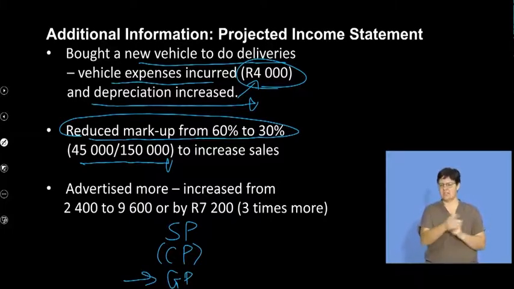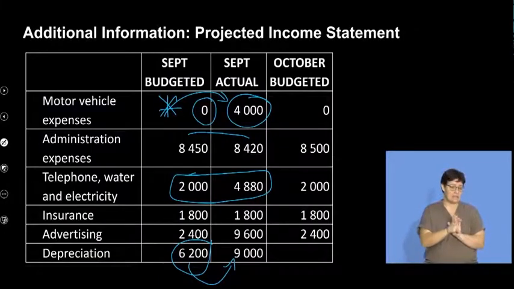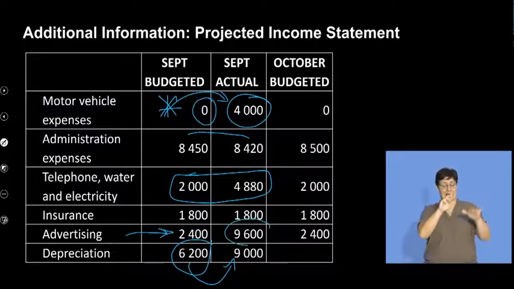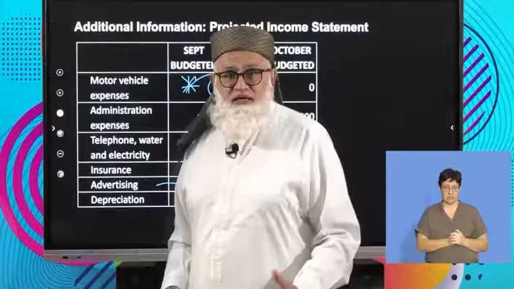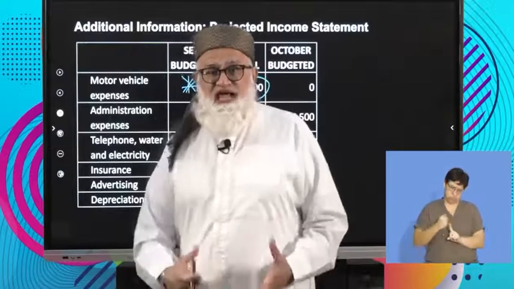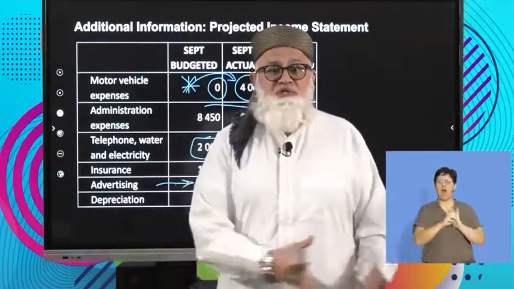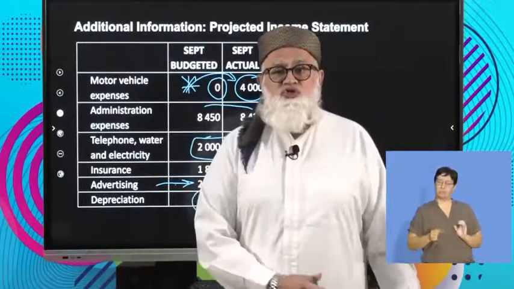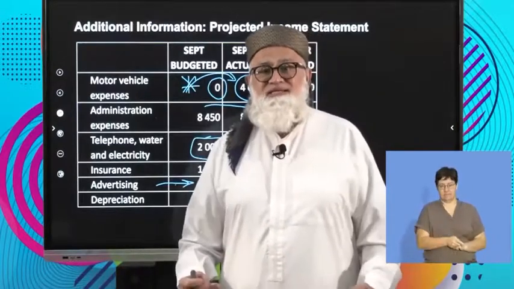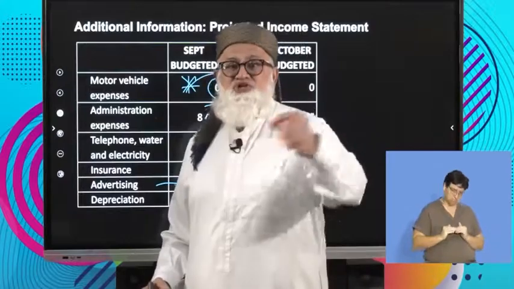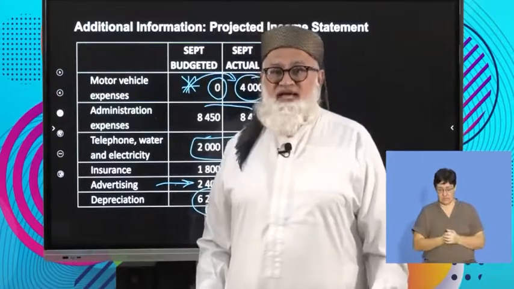What about advertising? Let's look at advertising. Advertising, you budgeted 2,400, but you actually spent 9,600. So clearly, there was an aggressive advertising campaign because of the competitor. You now had competition. And because of this competition, it has resulted in a substantial increase in your advertising.